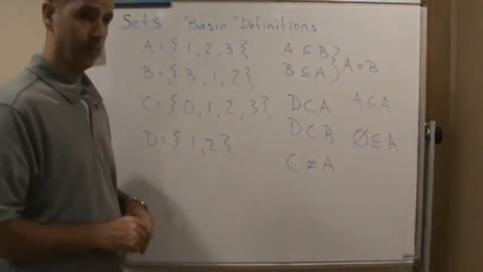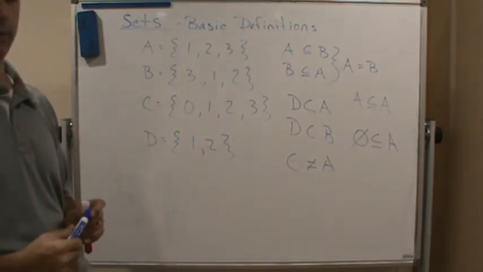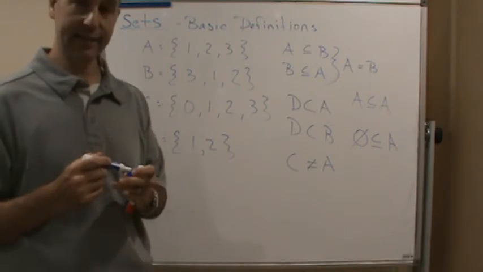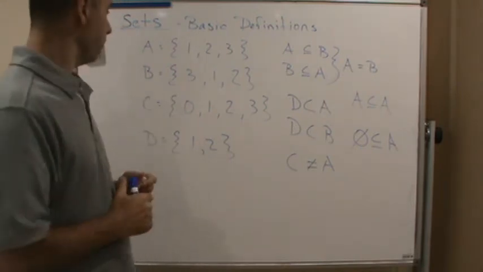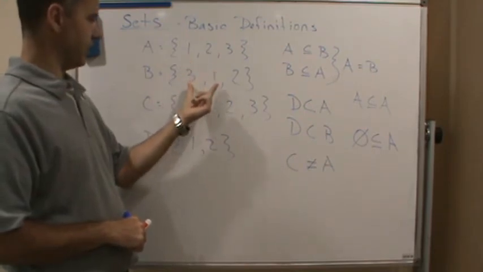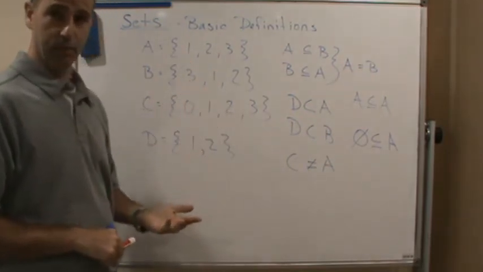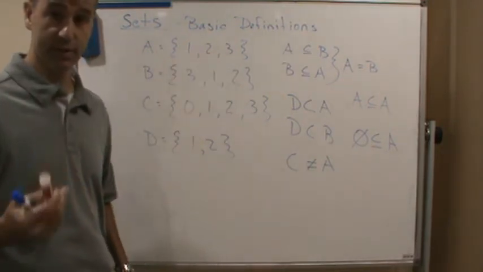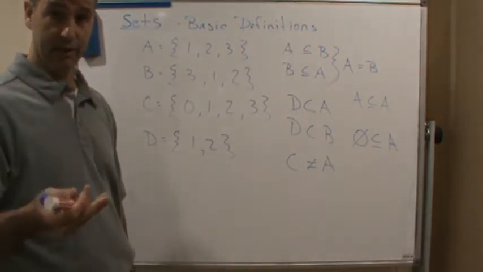That's another thing you want to remember. Remember, the null set is the set that has no elements. So it should make sense that the null set is going to be a subset of every set, because the smallest subset is going to be the set that has nothing in it.